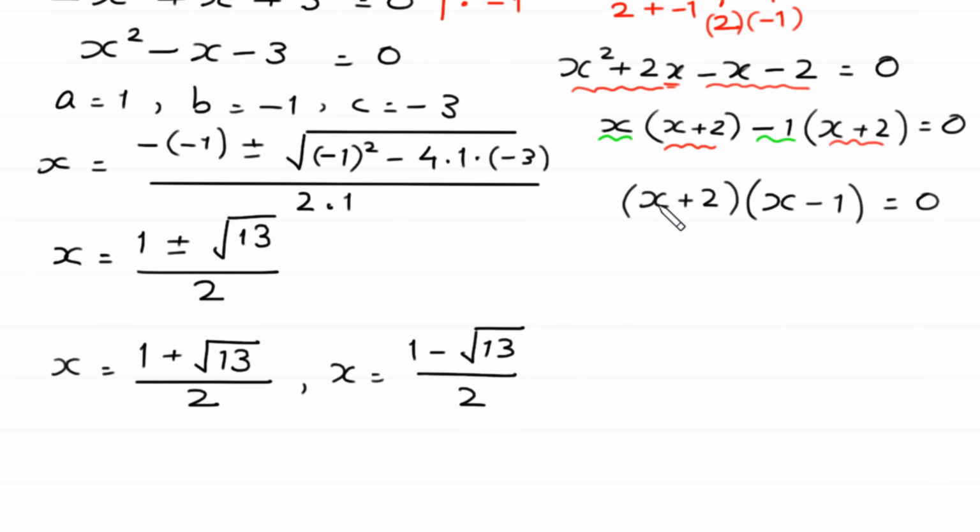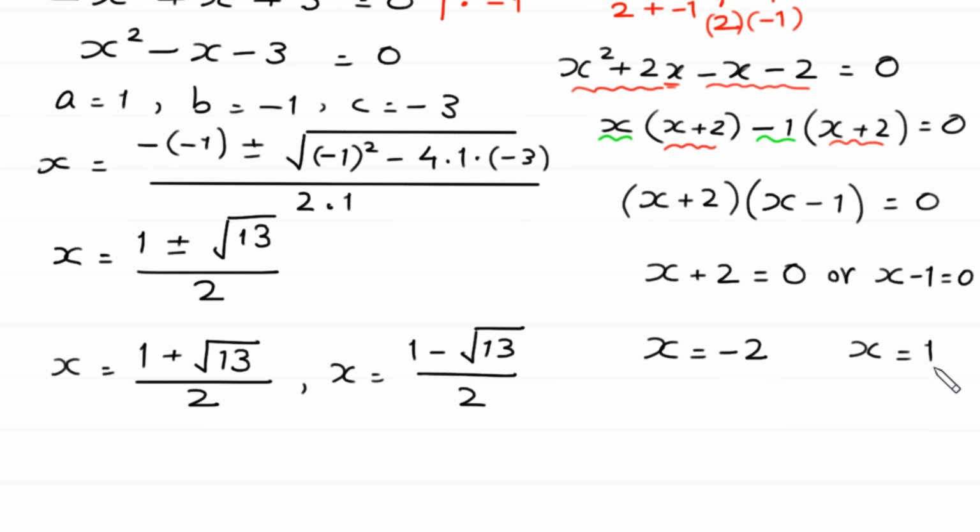So from here either this expression x plus 2 is equal to 0 or this expression x minus 1 is equal to 0. From here x is equal to negative 2 and from here x is equal to 1. So these are the four solutions of this equation.